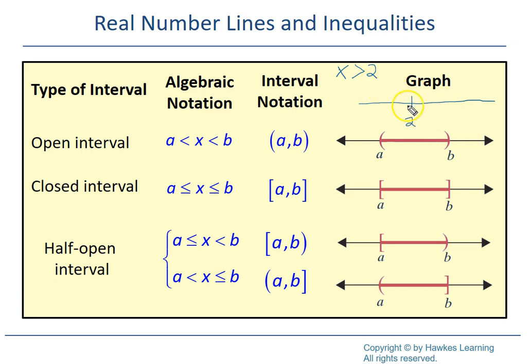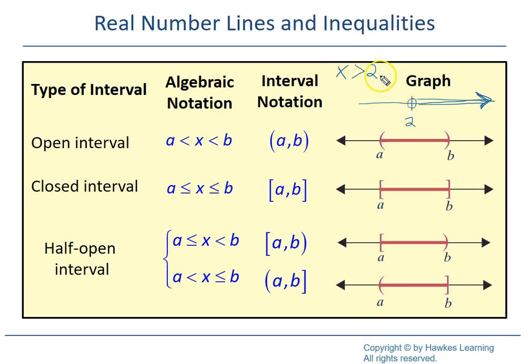And how would we indicate that? Well, in the past, we would say, is 2 a member of this set? And they're saying x is greater than 2. And the answer is no, 2 is not a member of the set. So how do we indicate that? Well, we used to put a little circle around 2 to indicate 2 is not a member of the set. And then we would sort of darken the arrow here, darken the line, and then make the arrow. And this would be the graph of x is greater than 2.